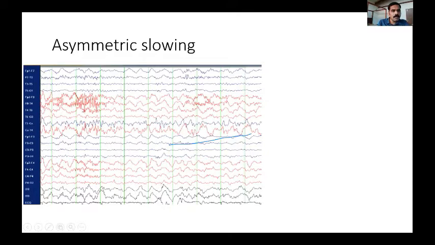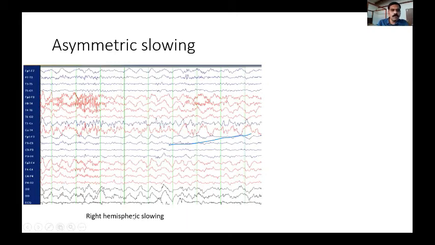Compared with the right side, it's hardly 3 to 4 hertz. You can see 1, 2, 3, 4. So compared to the left side, there's definitely slowing in the right side. Not only slowing, the waveforms are larger in amplitude. This indicates right hemispheric slowing. So based on this finding, you can say there is right hemispheric slowing.